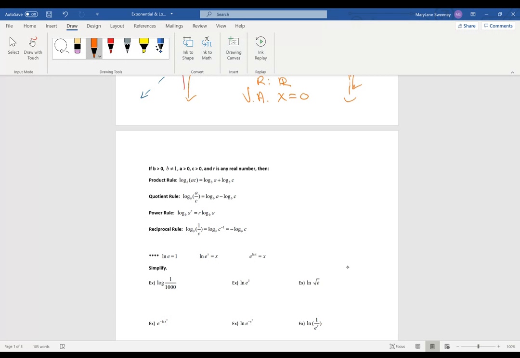This is called the reciprocal rule: if it's 1 over c, you're going to get negative log base b of c.